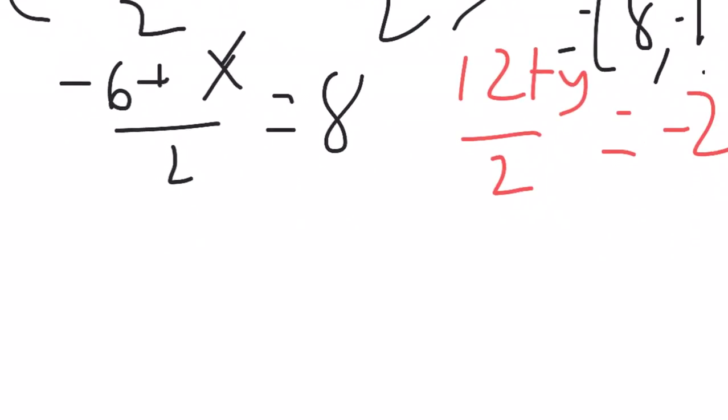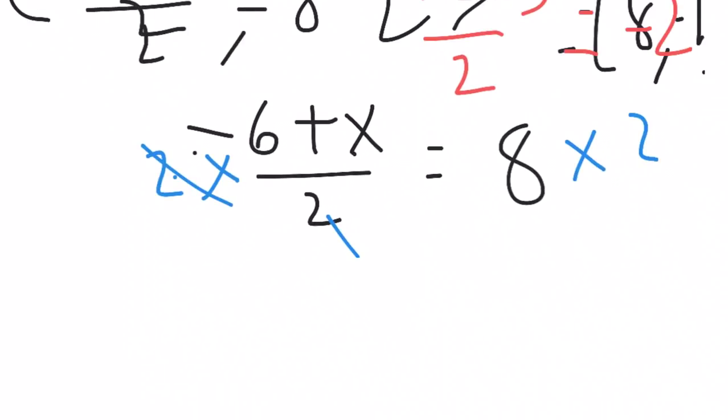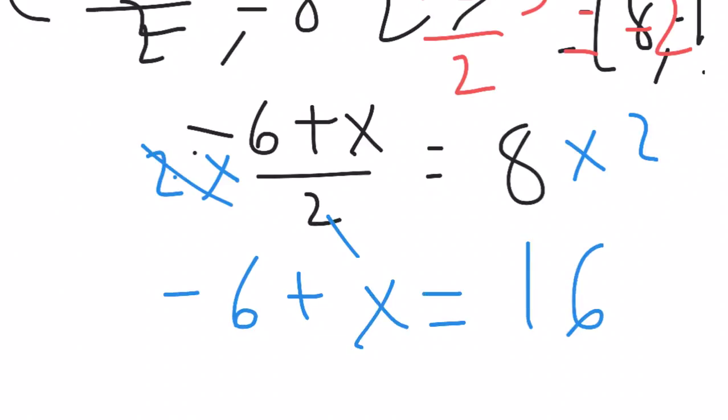So if you want to solve the x one first, -6 plus x over 2 equals 8. Since we're dividing by 2, let's multiply both sides by 2. Those cancel out. So you have -6 plus x equals 8 times 2, which is 16.